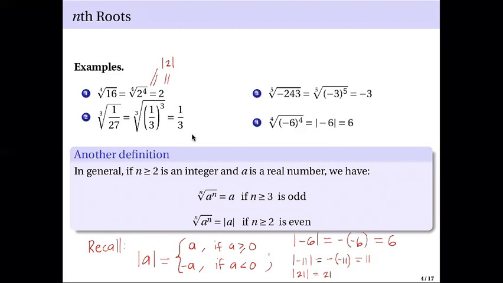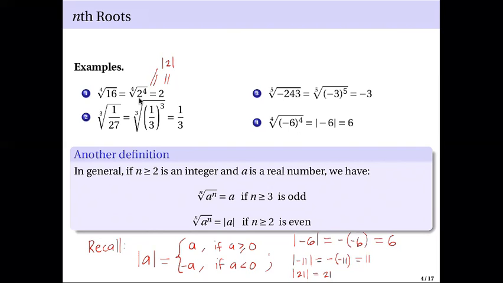They just reverse each other's work. So 2 to the 4 means you multiply your 2 with itself 4 times. And then the fourth root reverses the process of that exponentiation.